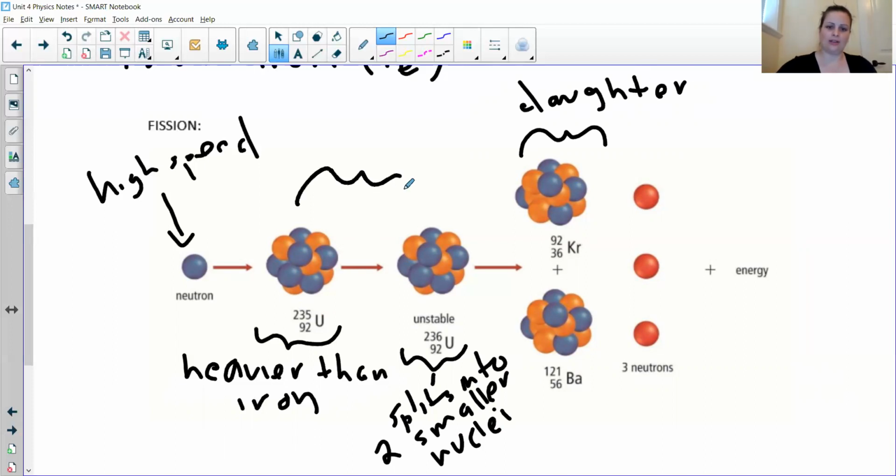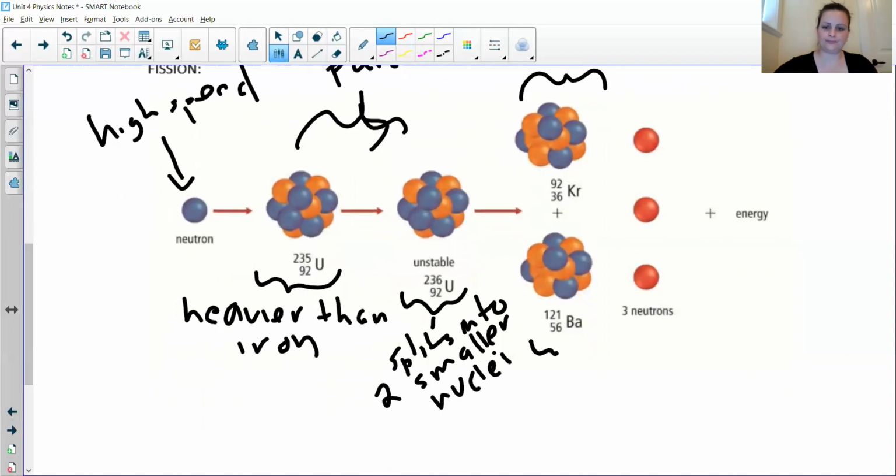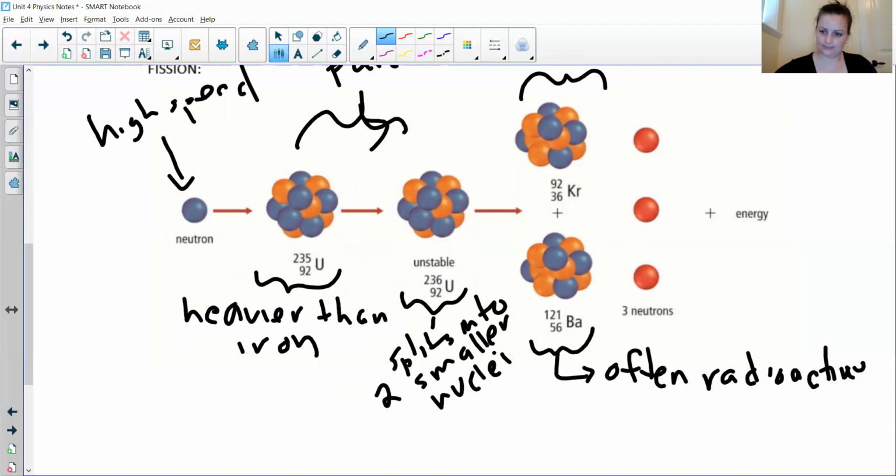And we call these the parent reactants, the uranium. And then the daughter atoms are the two that I have indicated on the diagram, and they're often radioactive. And it causes a radioactive waste problem.